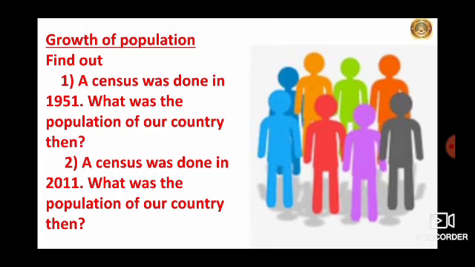Let us see the second question. A census was done in 2011. What was the population of our country then? So children, the population of our country in 2011 was nearly about 121 crores. As in the first we have seen what was the population? It was 37 crores.